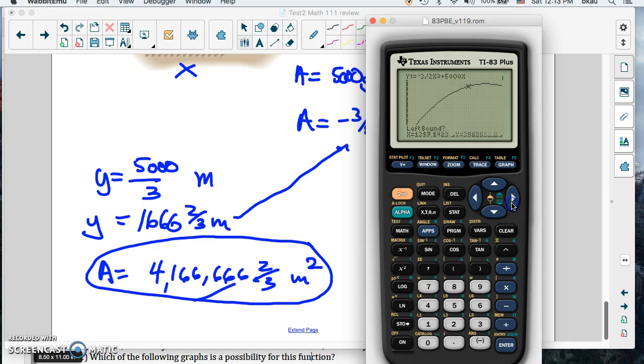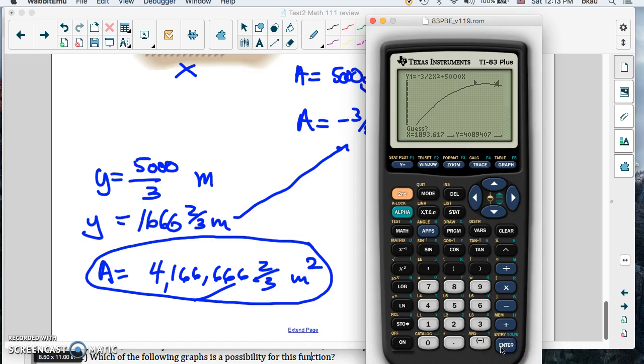Okay, now I see the maximum. It's a little clearer. This is what happens sometimes. Okay, left bound. I didn't get the left bound. Okay, we got to be left of the maximum. Enter. Now right bound. Let's drop down a bit.